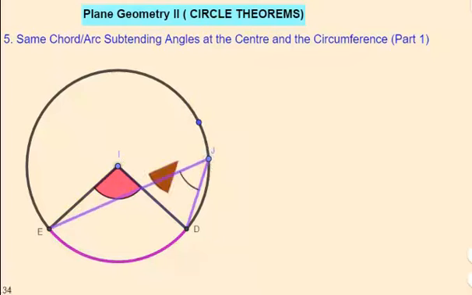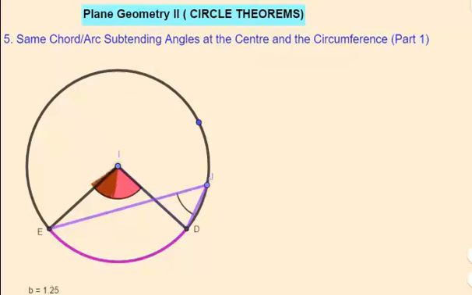Let's see what happens here. We can see that angle EJD still covers half of angle EID. Let's move it for the last time. Okay, I am moving it. It still covers half of angle EID.